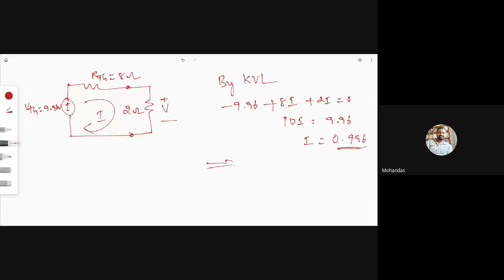Once you get the current I, what is the voltage here? R into I, where R is 2 and I is 0.996. The value is 1.992. So that is the voltage across this 2 ohm resistor.